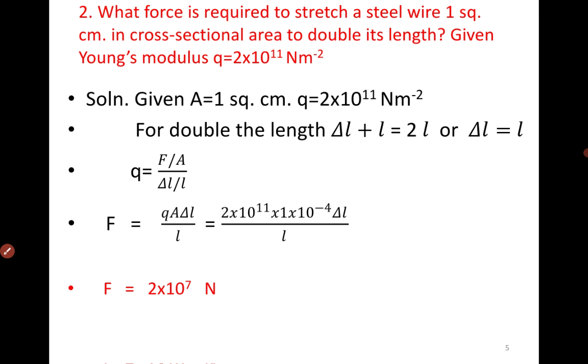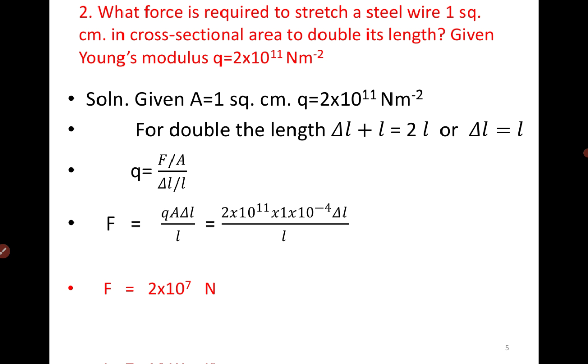Then the next problem. What force is required to stretch a steel wire of 1 square centimeter cross-sectional area to double its length? Given Young's modulus Q is equal to 2 into 10 power 11 Newton per meter square.